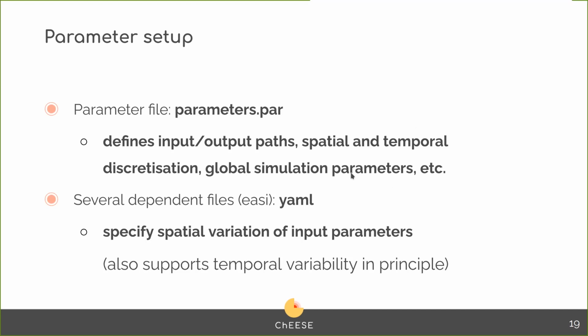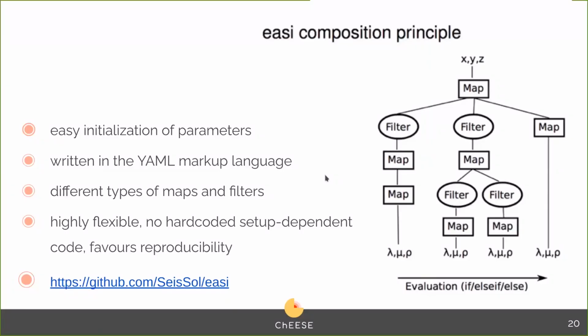Then this parameter file also links to some other YAML files, which will specify the spatial variation of some of the input parameters. These YAML files are read by the easi library, which has been developed by Carsten.